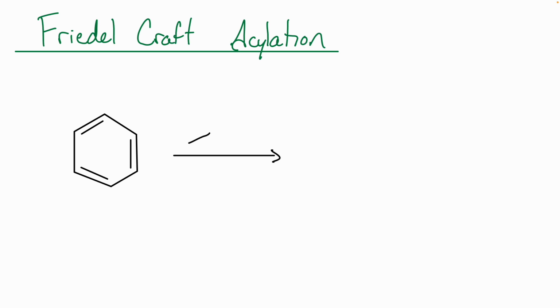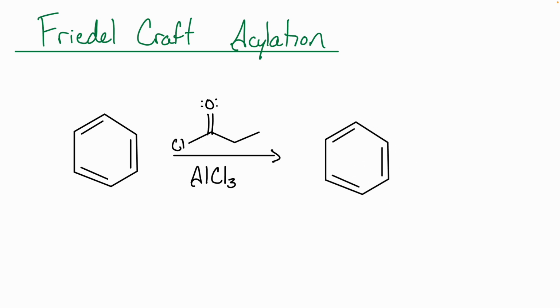Right? This is very similar. It's just that instead of an alkyl halide, your chlorine, your halogen, is attached to a carbonyl carbon. All right, and so then again, we're going to get that carbonyl carbon, the carbon that was attached to the chlorine, attached to our benzene ring.